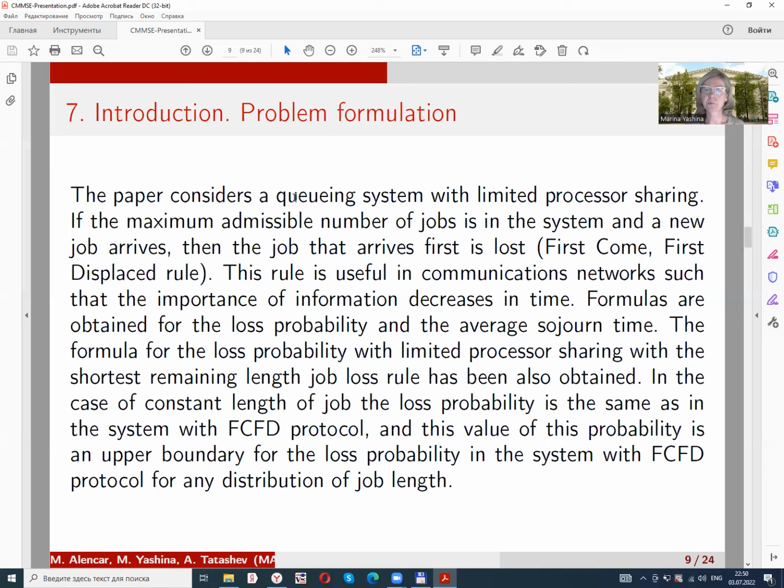Formulas are obtained for the loss probability and the average sojourn time. The formula for the loss probability with limited processor sharing with the shortest remaining length job loss rule has also been obtained. In the case of constant job length, the loss probability is the same as in the system with FCFD protocol.